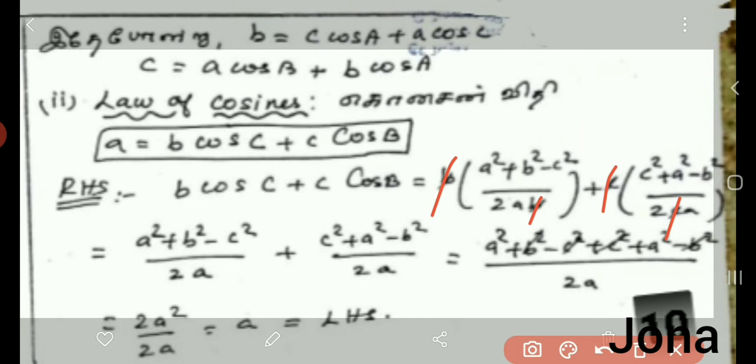The remaining things are a square plus b square minus c square by 2a plus c square plus a square minus b square by 2a.